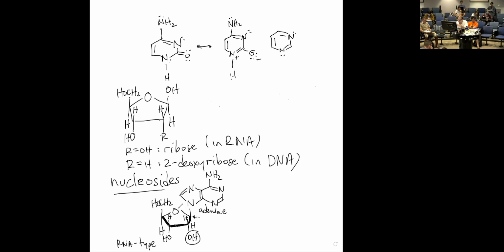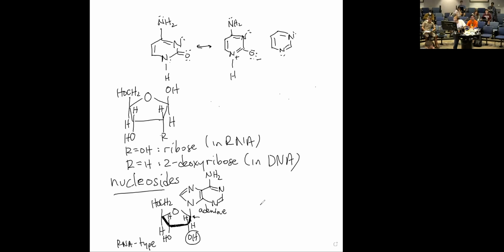What makes this an N-O-acetal is instead of two oxygens, it's an oxygen and a nitrogen. So that's what we mean by an N-O-acetal. That's the definition of that functional group. It's just another functional group, not one we run into every day. And that's also what makes it a nucleoside, is having that N-O-acetal and involving the nitrogen base, and either ribose or 2-deoxyribose. That's what makes it a nucleoside.